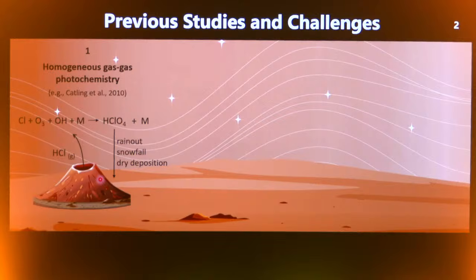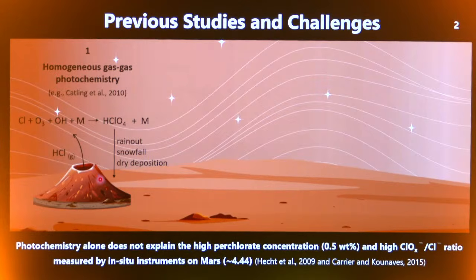And in the atmosphere, chlorine would react with ozone, forming perchloric acid, which would then be deposited and concentrated on the surface. The issue with this mechanism is that photochemistry alone does not explain the high perchlorate concentration and high ratio of oxychlorines over chlorine observed by the Phoenix lander.